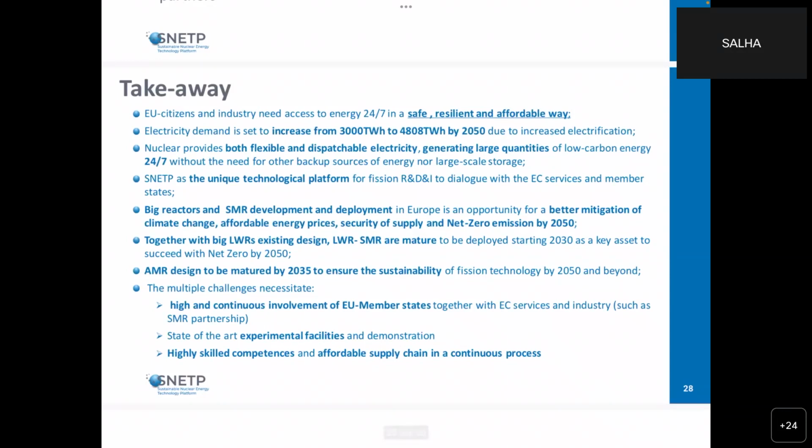SNETP, but with others, of course, could help, as we believe that research and innovation are necessary in order to implement that. So how do you see the steps? The first step, as I was mentioning, is really to build light water reactors, both big reactors and SMRs. So we have to work on that all over Europe, in the countries which are interested and willing to do so.